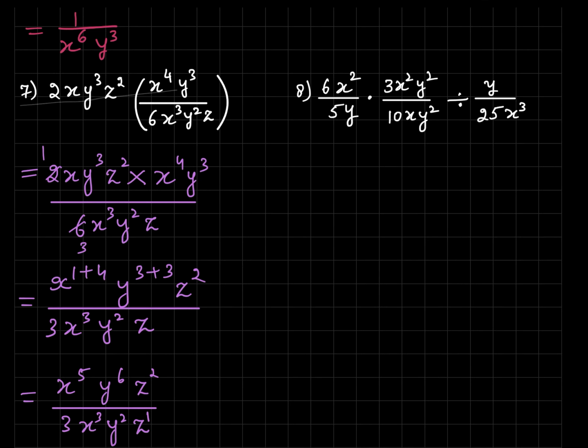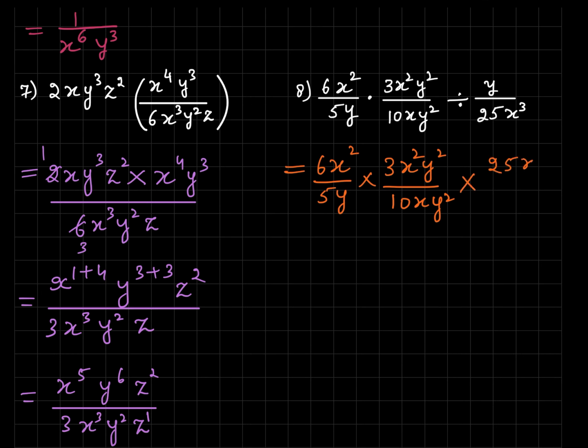Let us write here. This is 6x square over 5y times 3x square y square over 10xy square multiply 25x cubed over y. Let us do the cancellation thing.